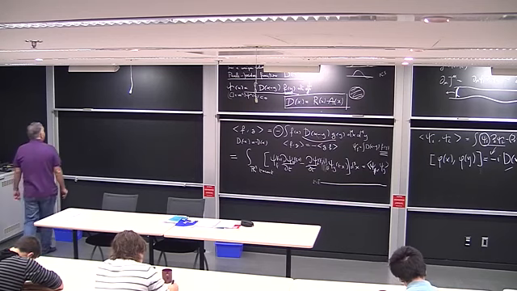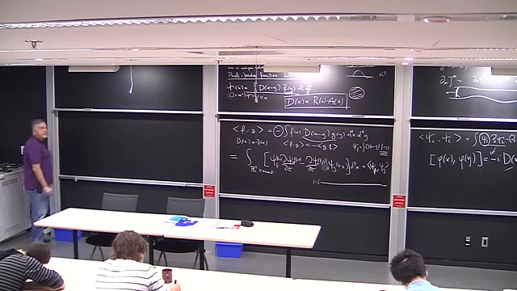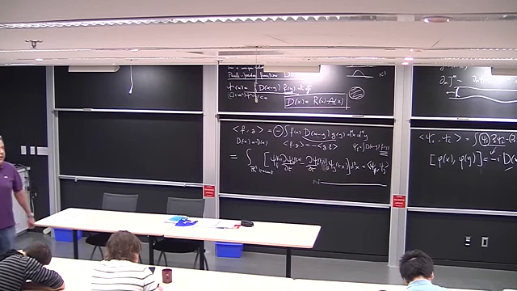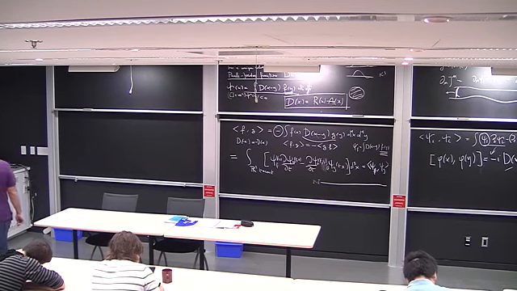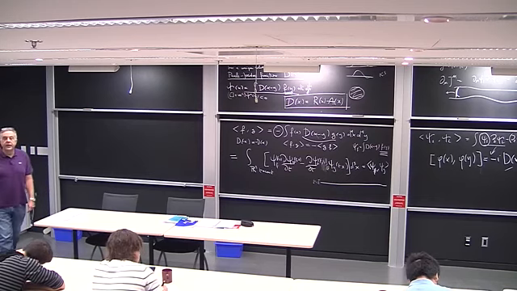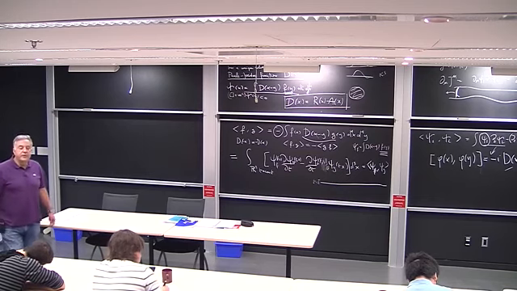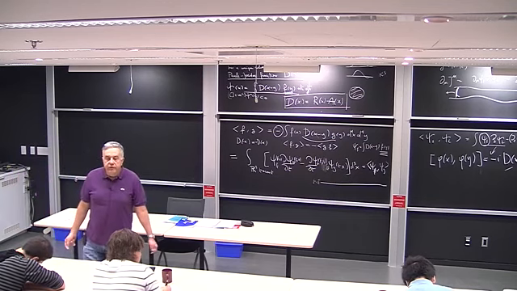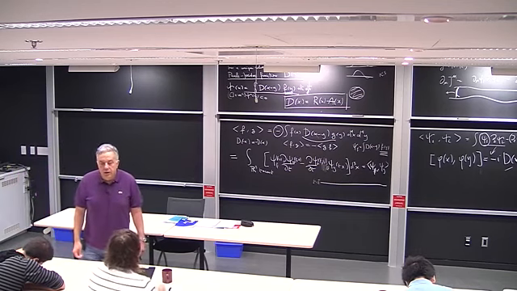But we need a technical hypothesis. The hypothesis is global hyperbolicity. In a way, we are saying a tautology by saying this word, because a globally hyperbolic manifold is a manifold in which the Cauchy problem can be solved in a global way.